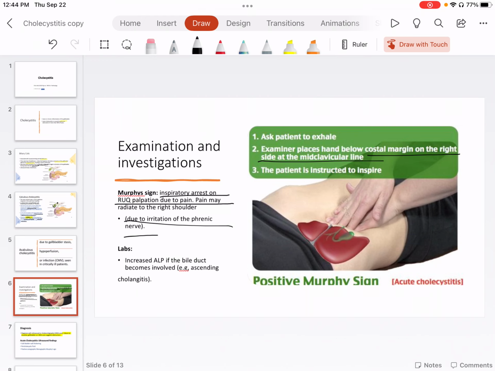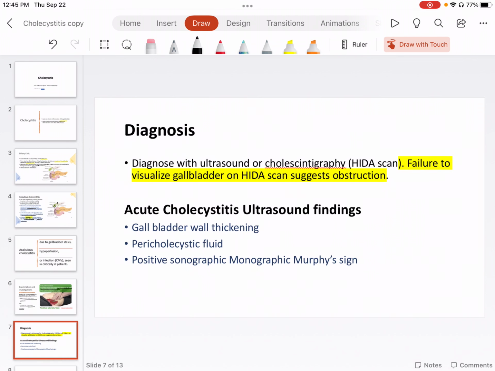Labs will show increased alkaline phosphatase if the bile duct becomes involved, for example, ascending cholangitis. But we cannot diagnose cholecystitis with a raised ALP because it is raised usually in liver and bile duct abnormalities, if there is any inflammation in the liver or in the bile duct.